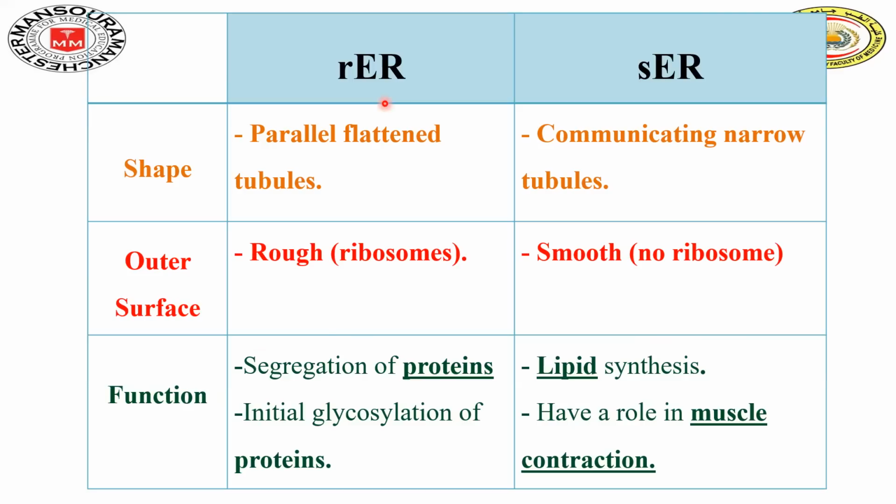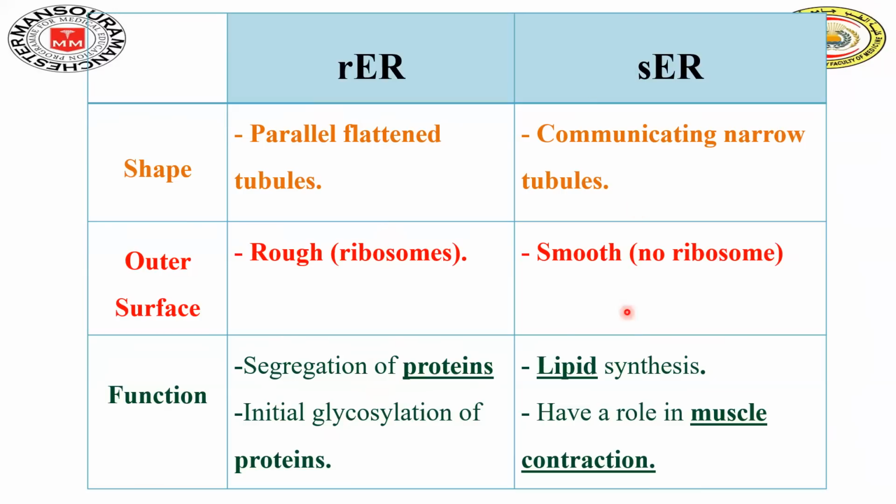So again, the function of rough endoplasmic reticulum is number one, segregate, meaning separate the proteins synthesized by ribosomes inside its lumen, so they are separate from the cytoplasm, the matrix. And in addition, it starts the modification of proteins by addition of carbohydrates, what we call glycosylation. This is regarding the function of rough endoplasmic reticulum.